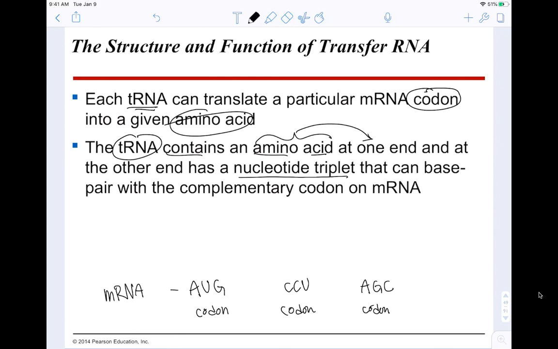If this is a codon, what base pairs with this? A would pair with U because we're dealing with RNA. There's no T. U would pair with A and G would pair with C. This is called an anticodon, and it pairs up with the codon. So the tRNA has an amino acid at one side and a complementary triplet, called the anticodon, that's going to base pair with the codon. This little guy is called tRNA, and that's how this looks all together.